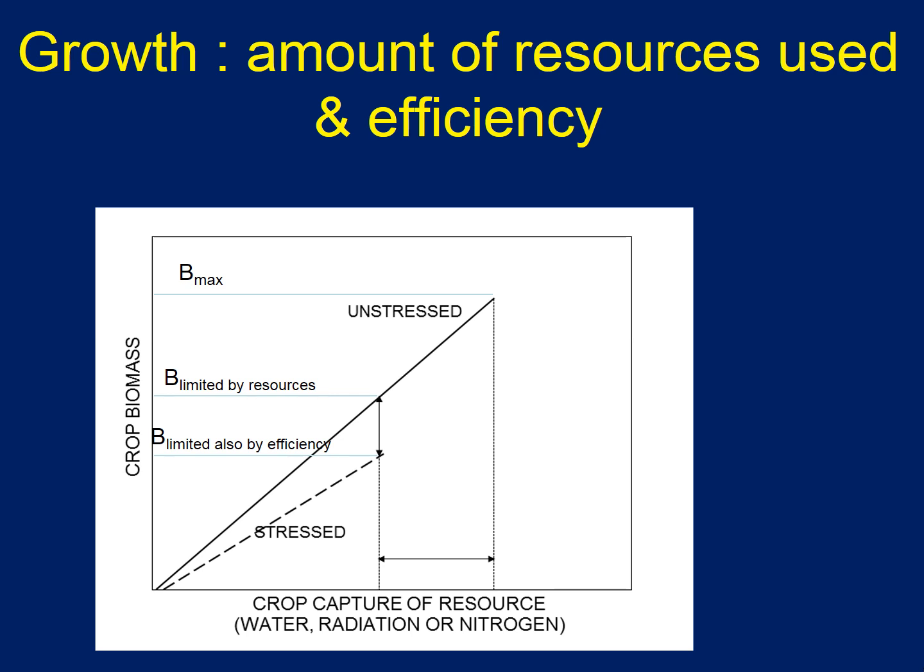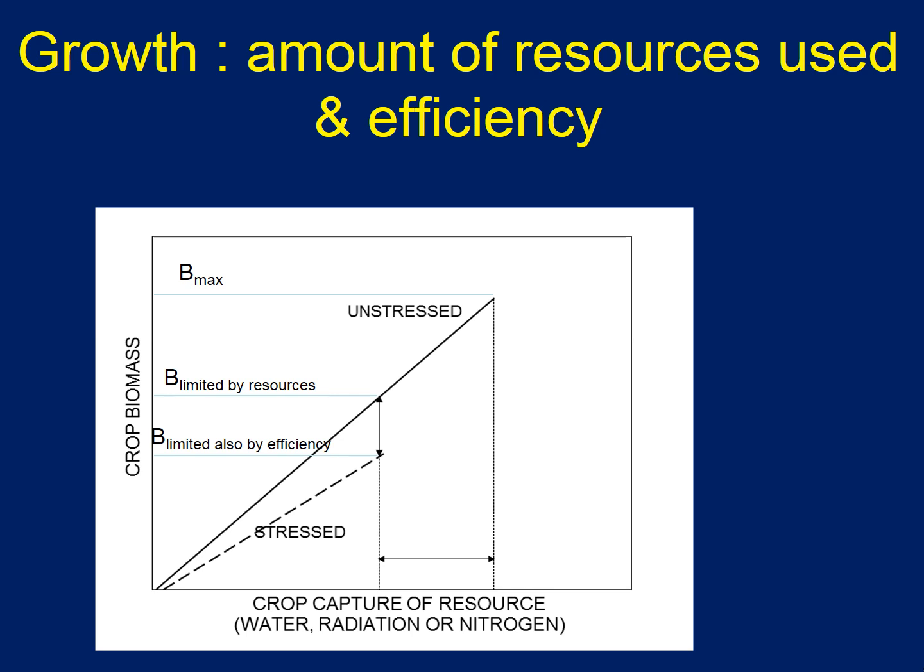In this graph, we try to summarize the two factors associated to growth, which are the use of resources and the efficiency in the use of resources. We start by a maximum level of biomass, which is obtained under unstressed conditions, following this straight line.